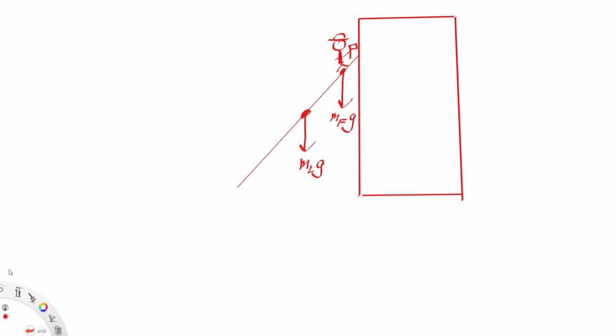There's also actually some friction, right? So there's contact with the ladder and the building, and there's contact with the ladder and the ground. So at the ground, there is some friction, and there is also a normal force.